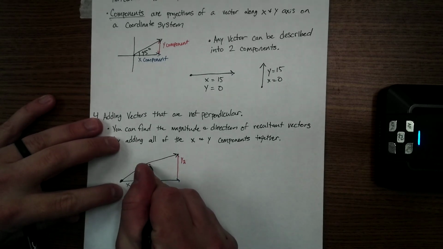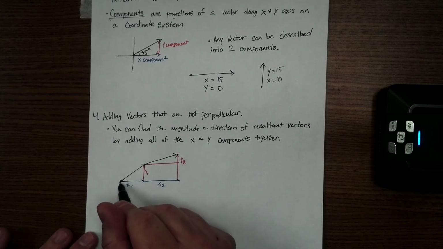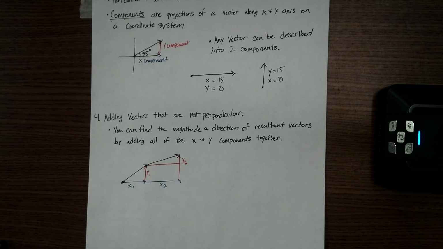One thing to note here is that our y2 will already include this. So we're trying to figure out this overall resultant vector.